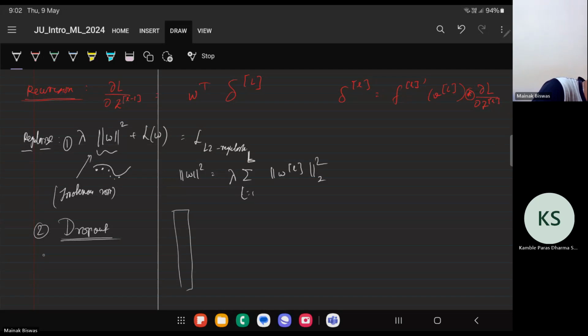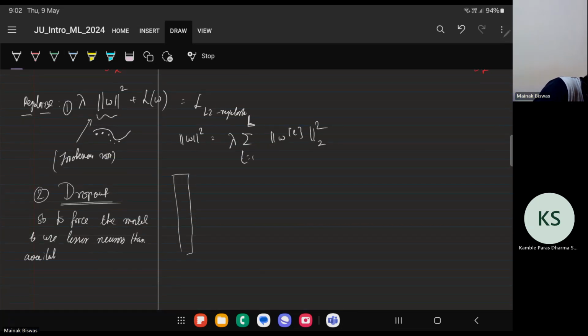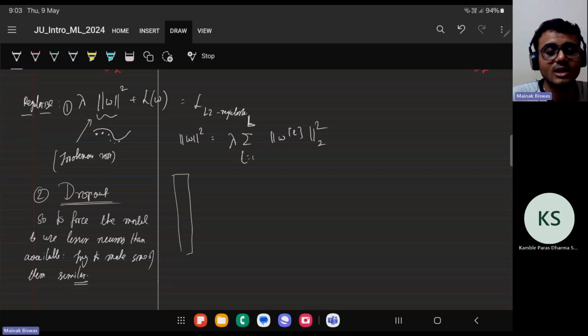So to prevent this, or to force the model to use fewer neurons than available, try to make some of them similar. Once you make some of them similar, you will solve this problem of very, very complex functions being modeled. So basically, if you have 100 neurons, you can make them look like 20 neurons.